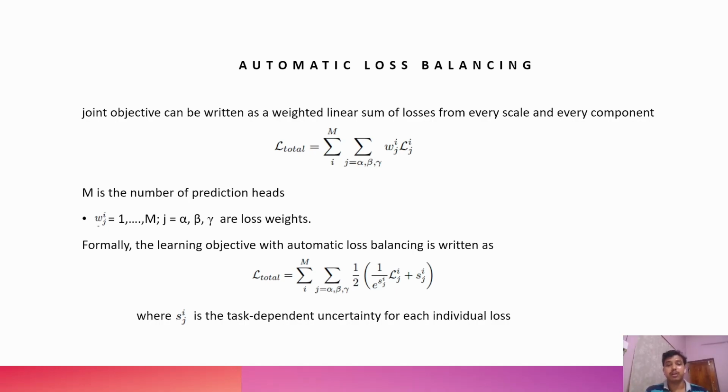Formally, the learning objective with automatic loss balancing is written as L total, the summation over i from 1 to M, the summation over j in alpha, beta, gamma, that is our losses, of 1 by 2 times L_j^i divided by e to the power s_j^i, plus s_j^i, where s_j^i is the task-dependent uncertainty for each individual loss.